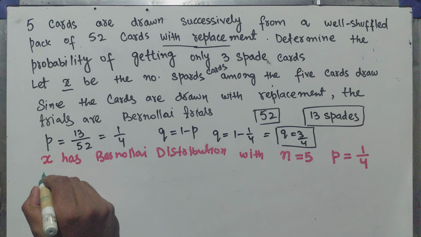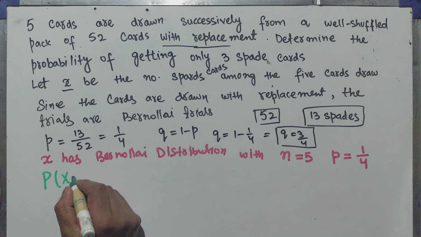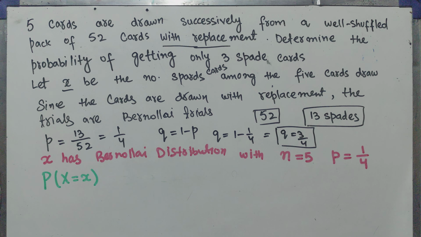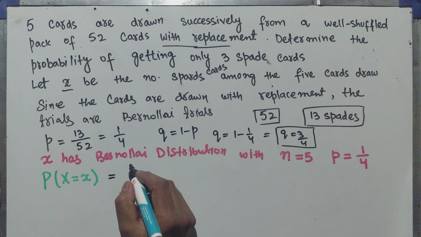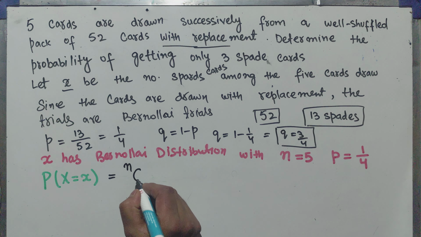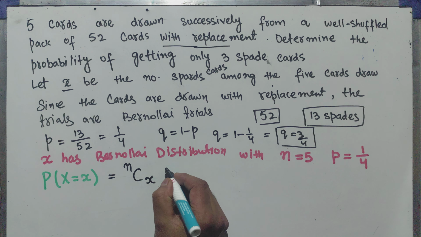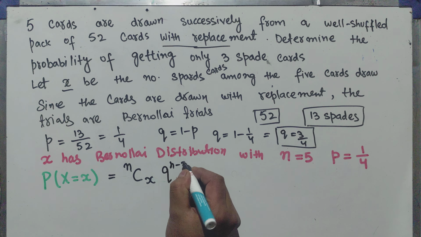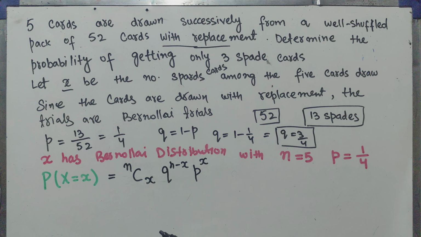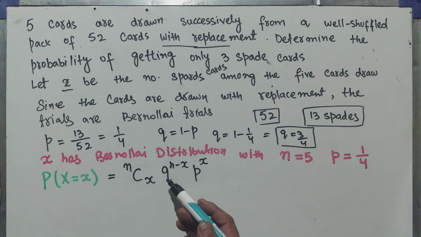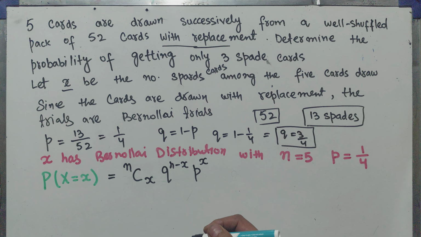The probability of X equal to small x, where X is from 0 to n, will be equal to nCx q raised to the power n minus x times p raised to the power x. This is the distribution formula. nCx means the combination of getting x spades from n cards. Q denotes the probability of not getting a spade, P denotes the probability of getting a spade.